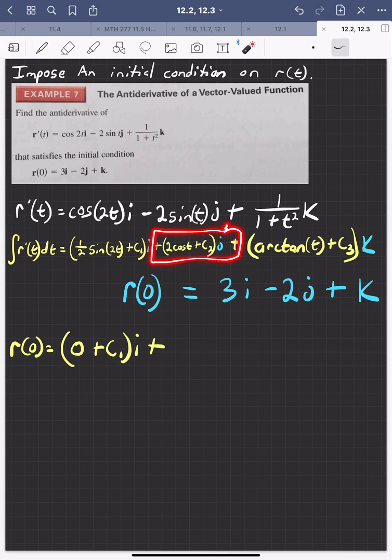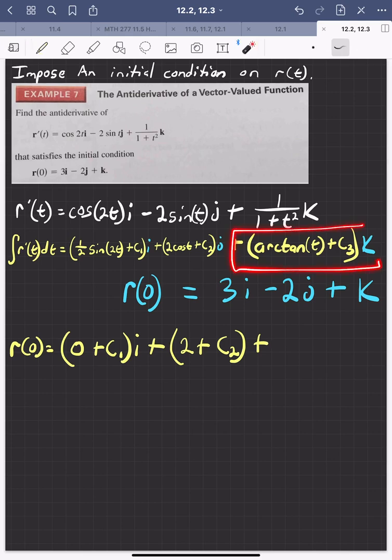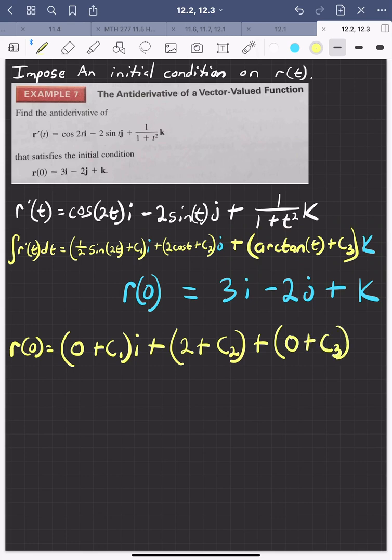Now, at this stage, I'm plugging in 0 for t. Cosine of 0 is 1, so that would end up being 2 times 1. So 2 plus c sub 2. Ready? And now I'm going to be plugging in 0 one more time. Arctan of 0 is 0, so that just becomes 0 plus c sub 3. So j and k. All right.